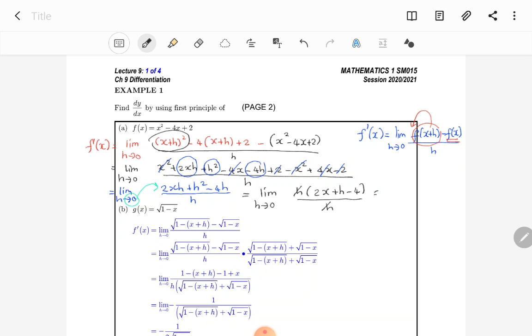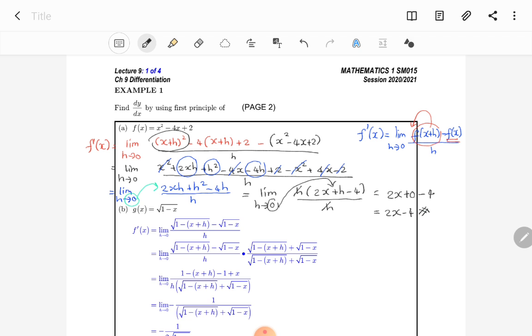So now we just need to substitute h equals 0 into the function here. So we have 2x + 0 minus 4. So the answer will be 2x minus 4.